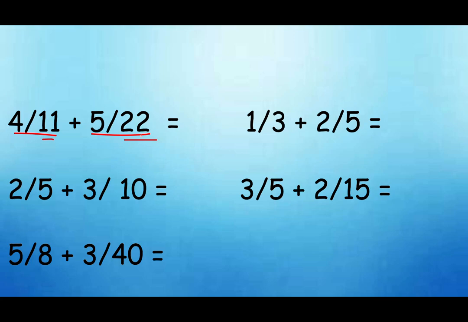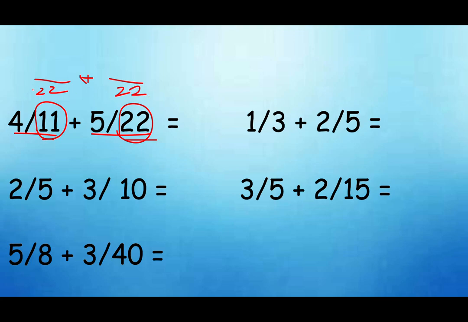By that I mean we can tell if 11 can go into 22, and yes, 11 times 2 is 22. Whatever you do to the denominator, you do to the numerator. So we can put 22 as our denominator.